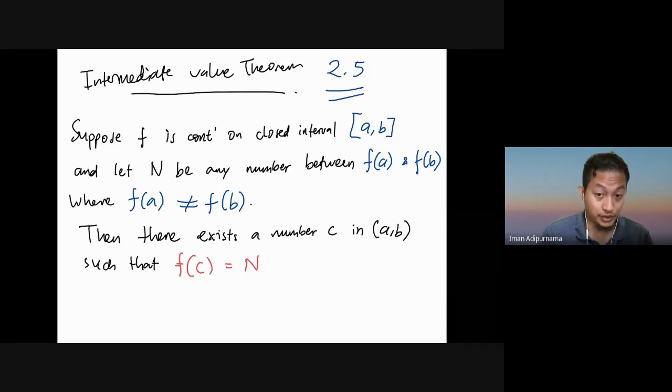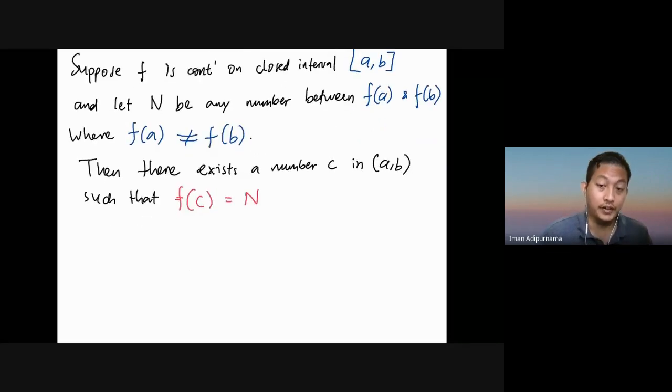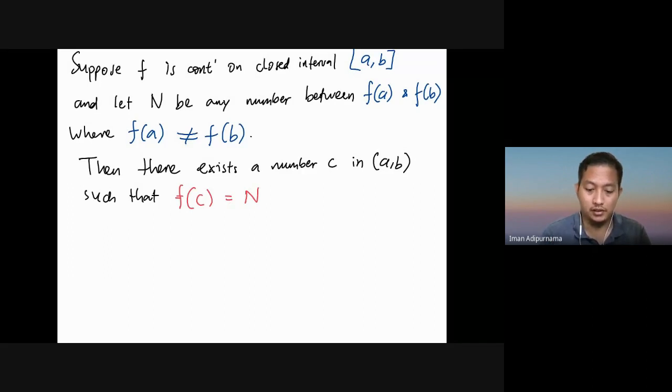And then the conclusion will be there is a number c in the interval (a, b) such that when you evaluate c in the function, it will be equal to n. I think if I draw this, it will be much better.